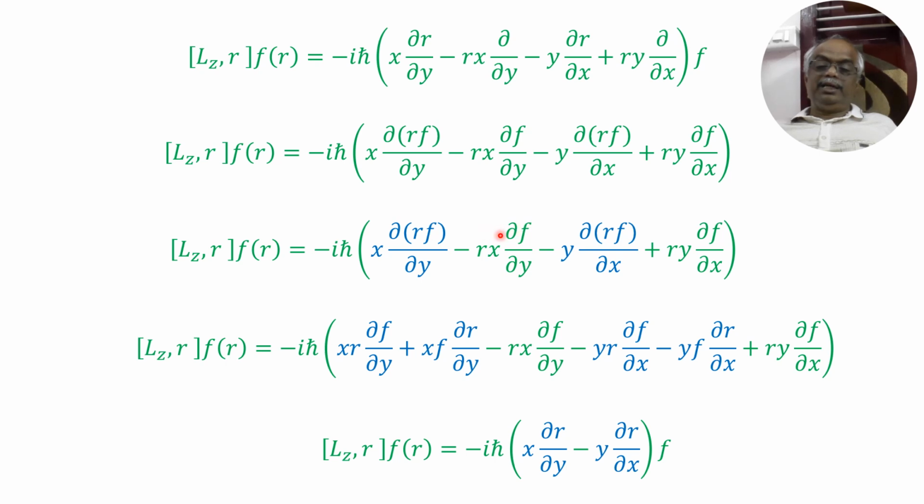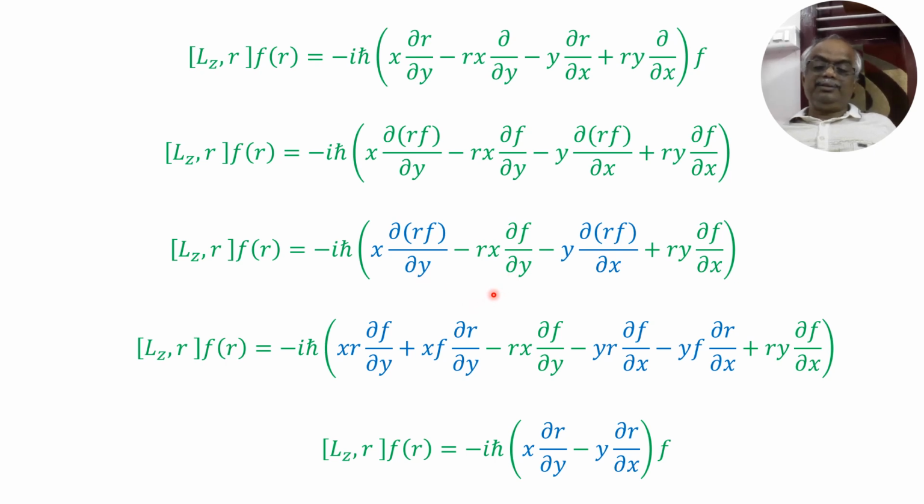Then you keep f as it is and differentiate r. You are keeping the second term as it is. The third term, again, you are going to differentiate. First, you keep r as it is and differentiate f. Then you differentiate r and keep f as it is. The fourth term I am keeping as it is.